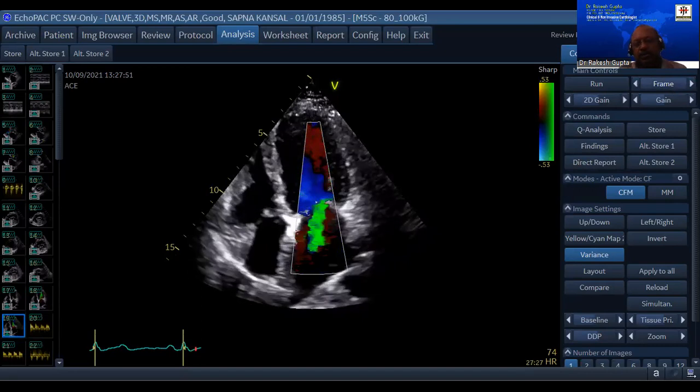This is beautiful. Look at the cursor. This is in systole, right? This is the jet area that we trace. So I'm going to measure the jet area.